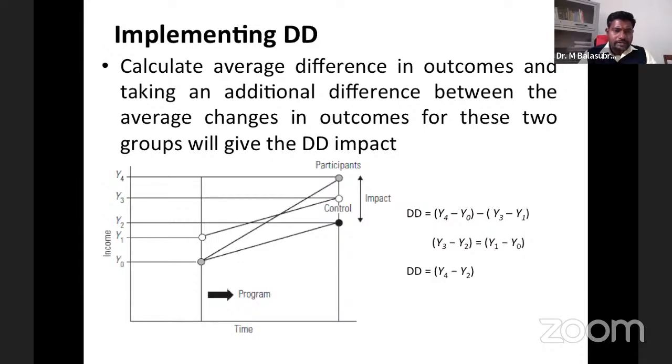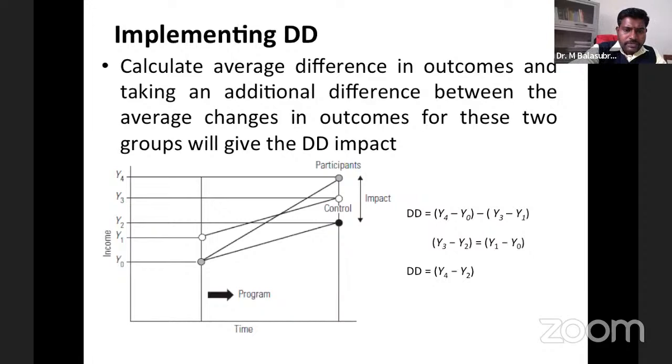You see here that the lowermost line, the y naught, indicates the true counterfactual. That is the true counterfactual line, the y naught. Then there may be the difference between the control group and the participants. The control group income level is y1, before and after.